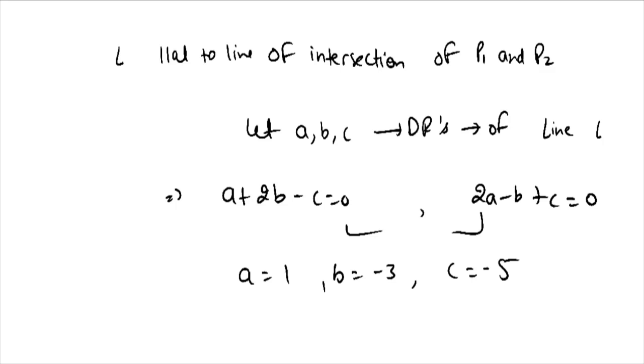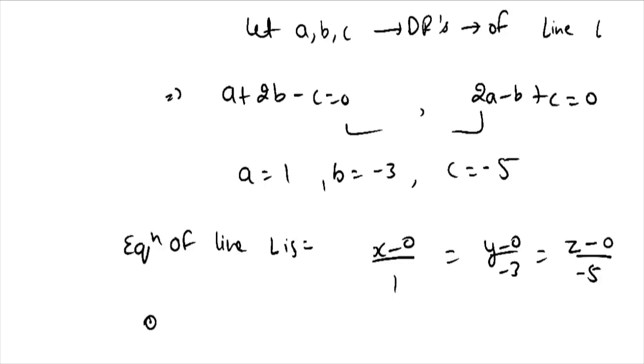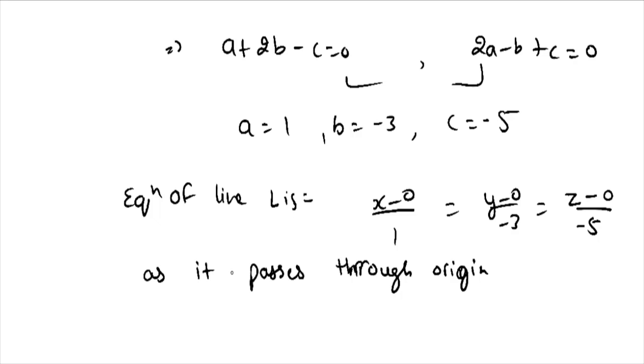So now, hence the equation of line L is x minus 0 by 1 is equal to y minus 0 by minus 3 is equal to z minus 0 by minus 5. Now as it passes through the origin.